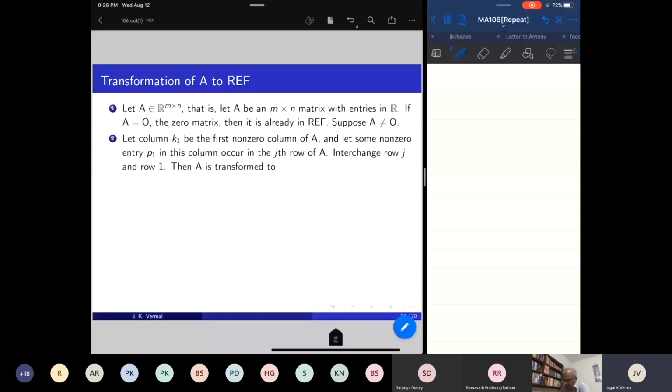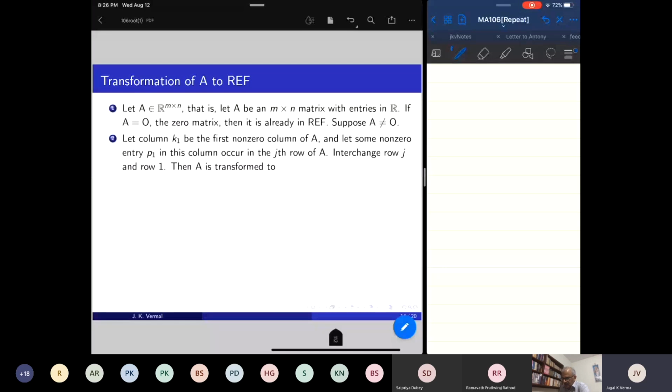As soon as you encounter the first non-zero entry in this non-zero column, that is a pivotal entry, and this column is a pivotal column, because all entries below it are 0. So the first non-zero entry in the first non-zero column is bound to be a pivot of the matrix.